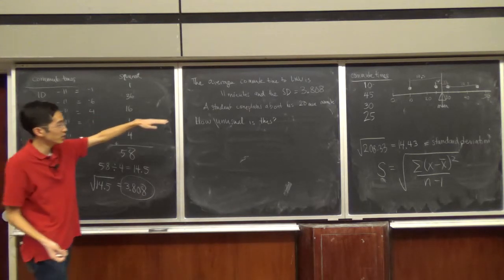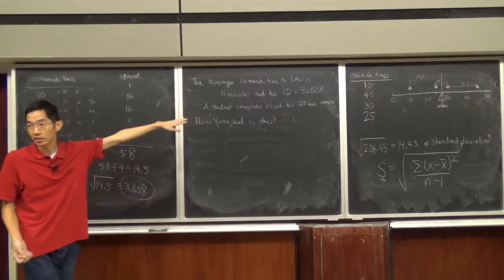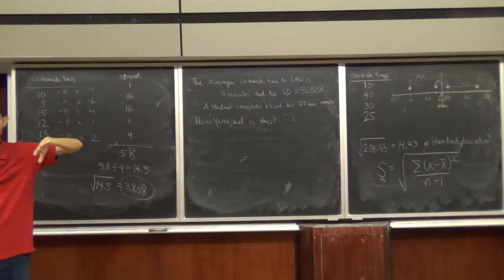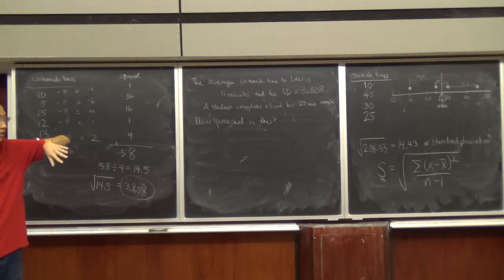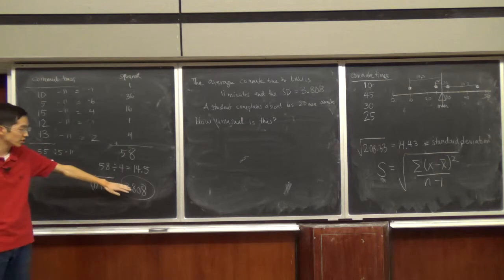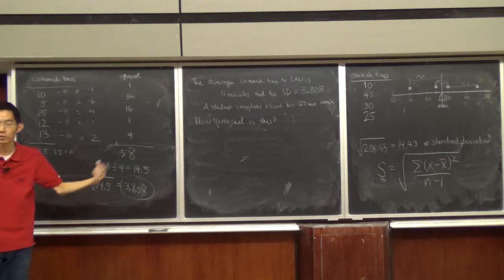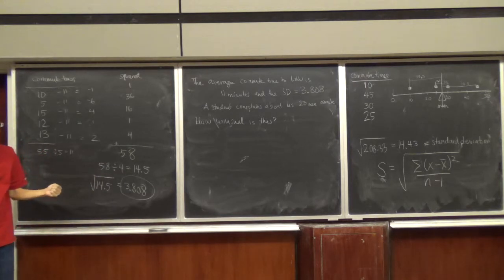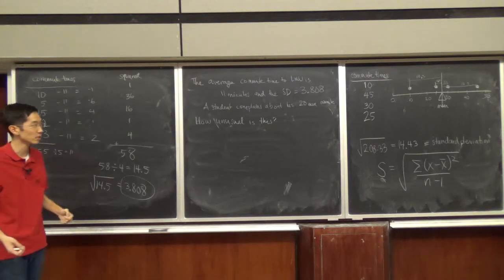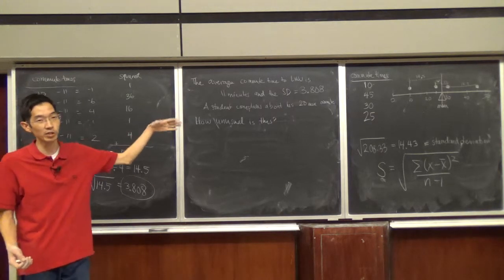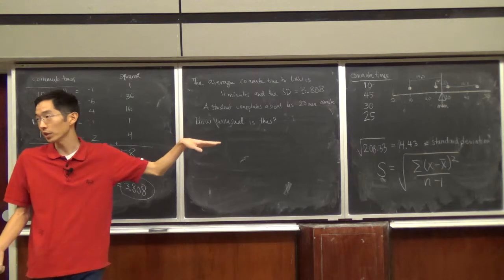His commute is 20 minutes, the average commute is 11. So his commute is 9 minutes longer than average. A standard deviation is 3.808 minutes. So how many standard deviations away from the mean is his commute time? Okay, well I would do 9 minutes divided by 3.808.